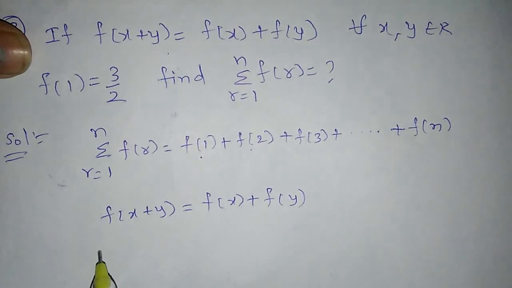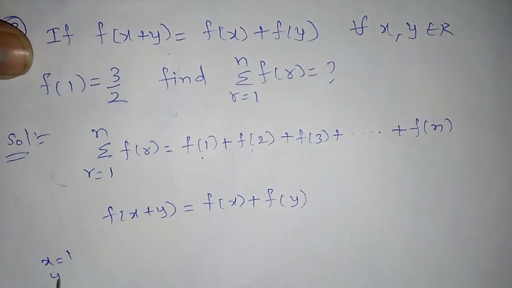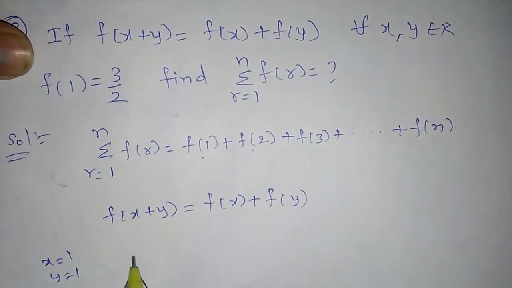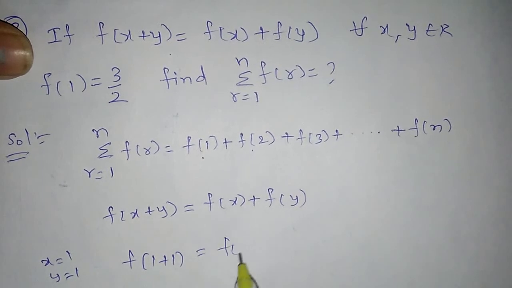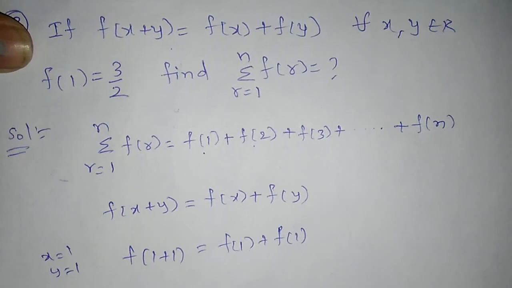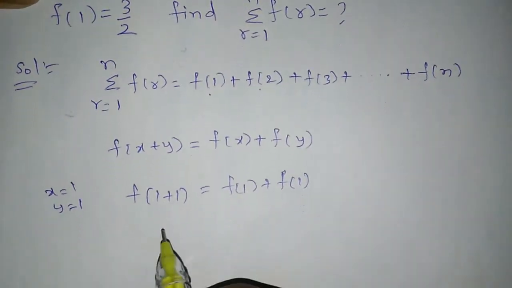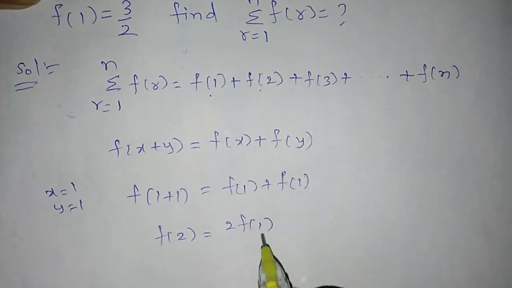So x, y belongs to R is given, so I am taking x is equal to 1, y is equal to 1. Then f of 1 plus 1 is equal to f of 1 plus f of 1. So f of 1 plus 1 is f of 2. f of 2 is equal to, this is 2 into f of 1.